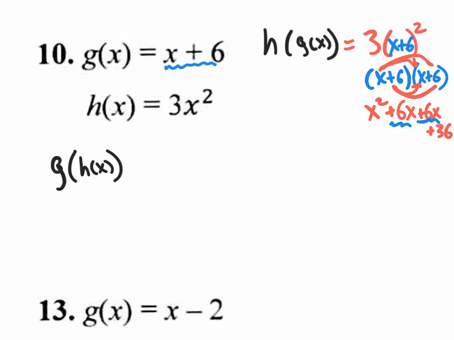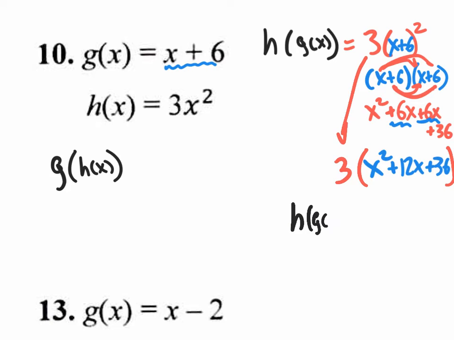So let me rewrite my answer here so far. X squared plus 12x plus 36. Now the thing is, I still need to multiply it by 3. This 3 out here, I still need to multiply my whole answer by that 3. So what's my final answer going to be?